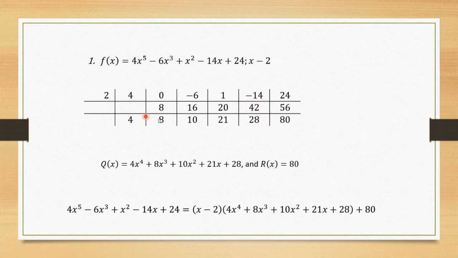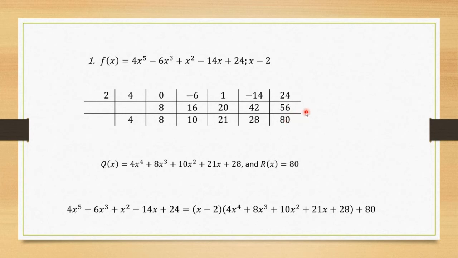We're multiplying, and then adding, is what we keep on doing. 2 times 28, that's 56. You can always check this by a calculator. 24 plus 56, that's 80.